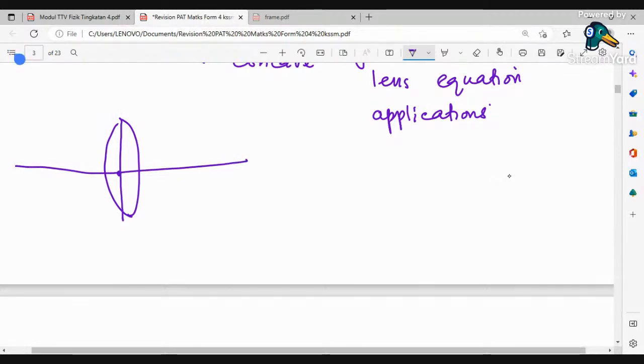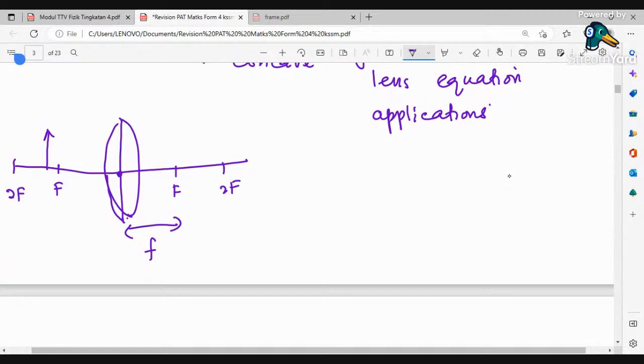Principal axis passes through the optical center. Ini panggil optical center. So this is the principal axis. Okay, focal point. Okay, 2 times focal point. 2F maksudnya ialah 2 times F, F ni ialah focal length. Okay, focal length. So let's say I have this object.